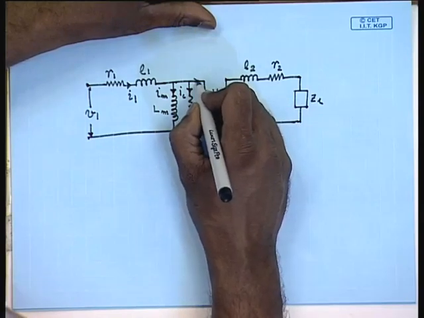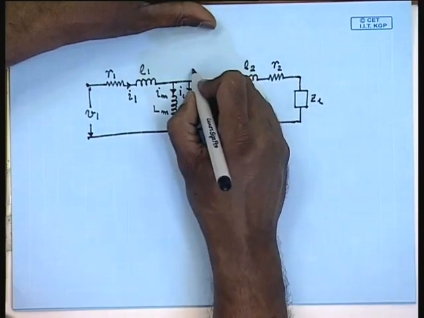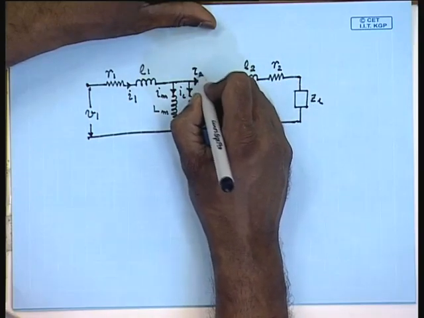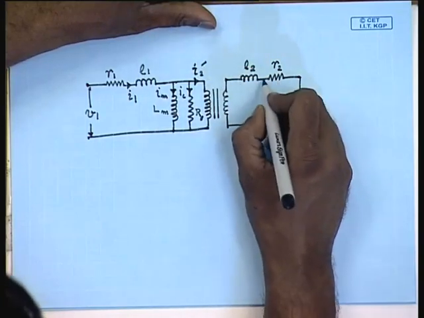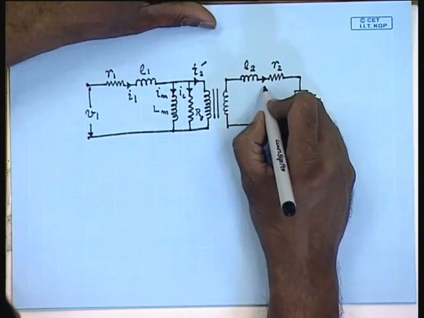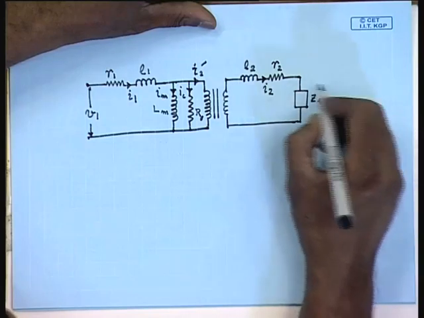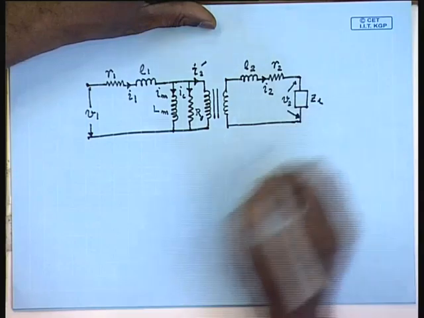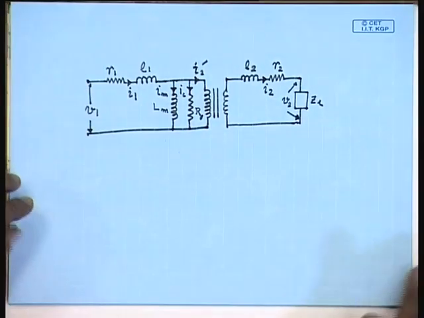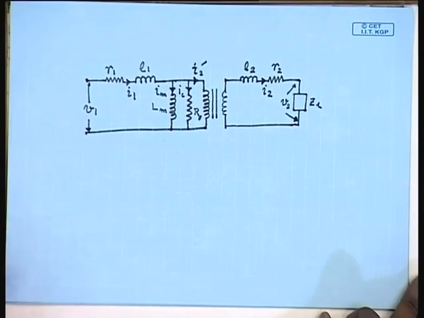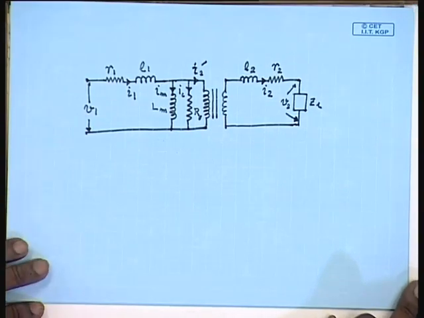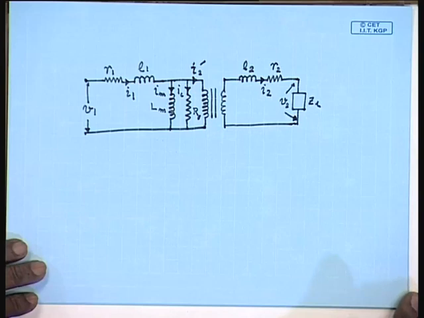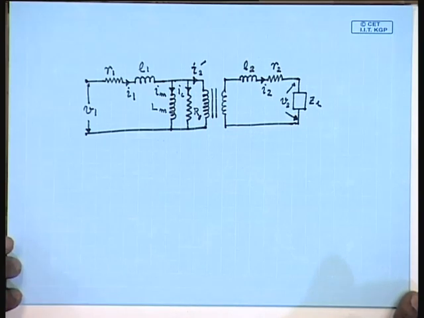The current flowing through the ideal transformer is the reflection of the load current I2 dash, and the current in the load circuit is I2, the load voltage being V2. This is the complete model of a practical single phase transformer, taking into account the non-idealities, which also incorporates an ideal transformer.